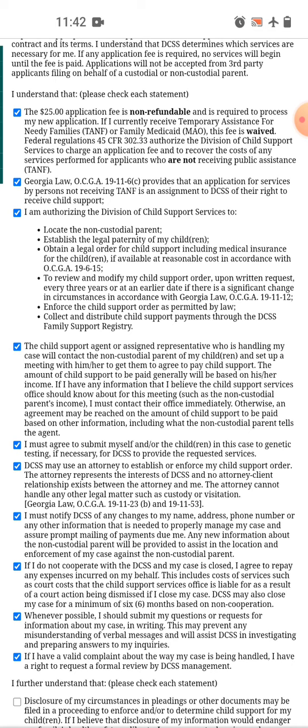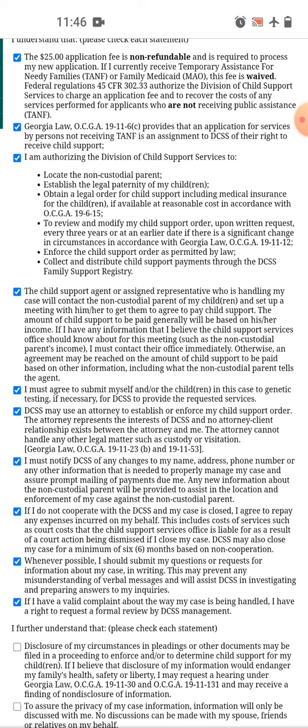And then the last statement in that area says, otherwise, an agreement may be reached on the amount of child support to be paid, based on the information, including what the non-custodial parent tells the agent. So they come up with an agreement. They're using that word agreement all the way through this thing.